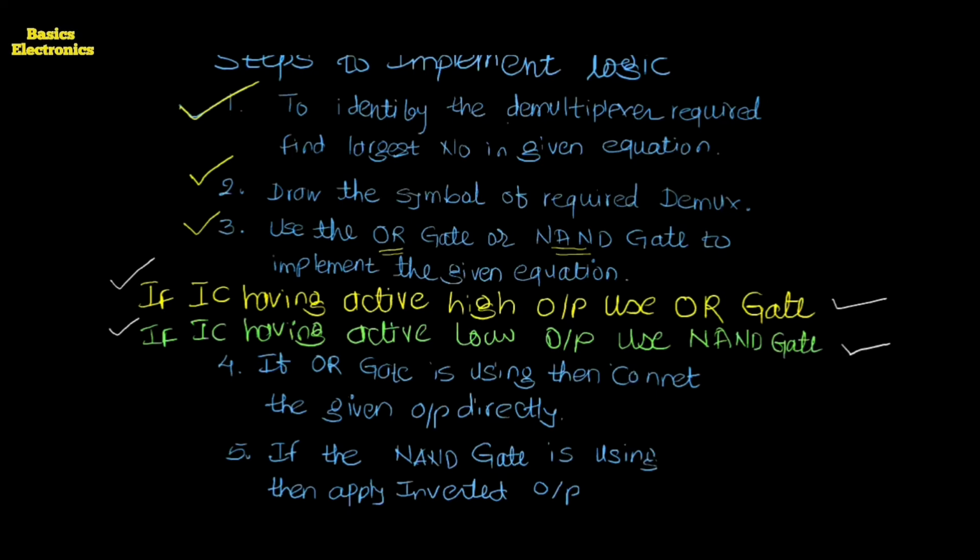Okay, means here for implementation of the logical equation, we can use either the OR gate or the NAND gate. If the active high output is there, then we use the OR gate, and if the active low output is there, then we use the NAND gate.